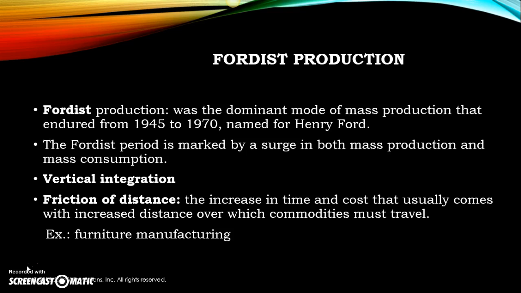Okay, and with that idea of Fordist production, that idea of mass production, is that you want to try and control every stage of the production process, and we call that vertical integration. Okay, and vertical integration in a perfect world literally means you control everything from the resources and the manufacturing of those resources, right, down to, in the case of Ford, the sale of the cars, the dealerships that are selling the cars, right?